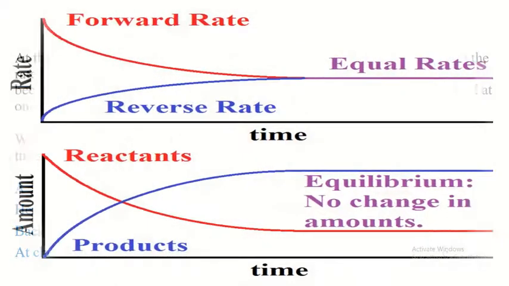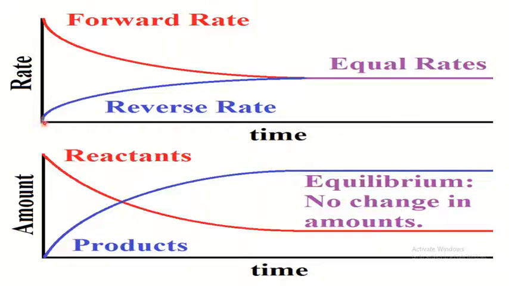Now, this chemical equilibrium can be represented by a graph. In the graph, we put the forward reaction rate and backward reaction rate, and we get this type of graph. Look, on the y-axis this is rate, and on the x-axis this is time.